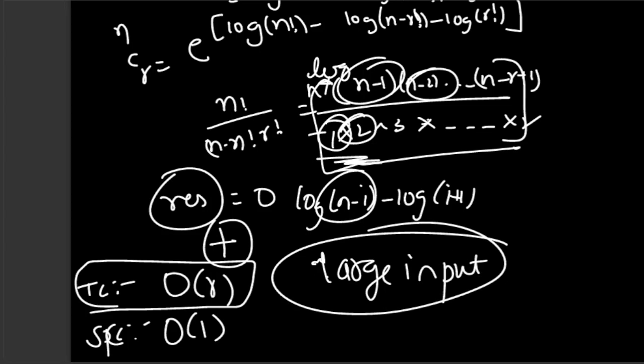So that's the advantage of this logarithmic way. So yeah, this is all. Here also we run the for loop up to r, so this is O of r, and resultant plus equals log of n minus i minus log of i plus 1.